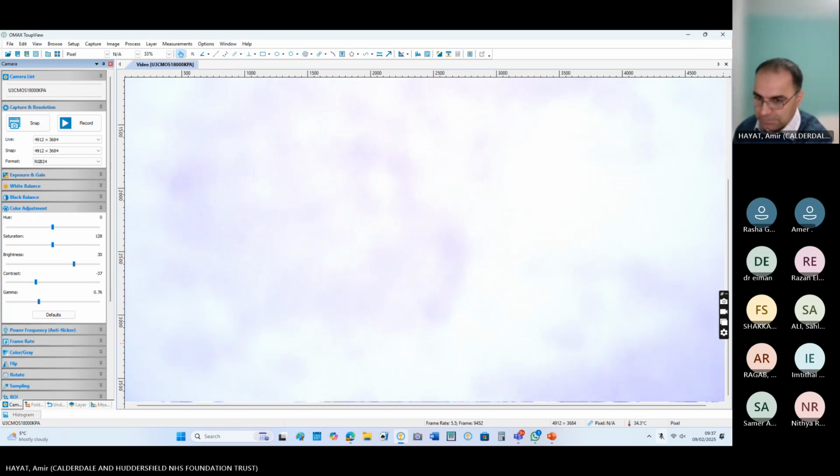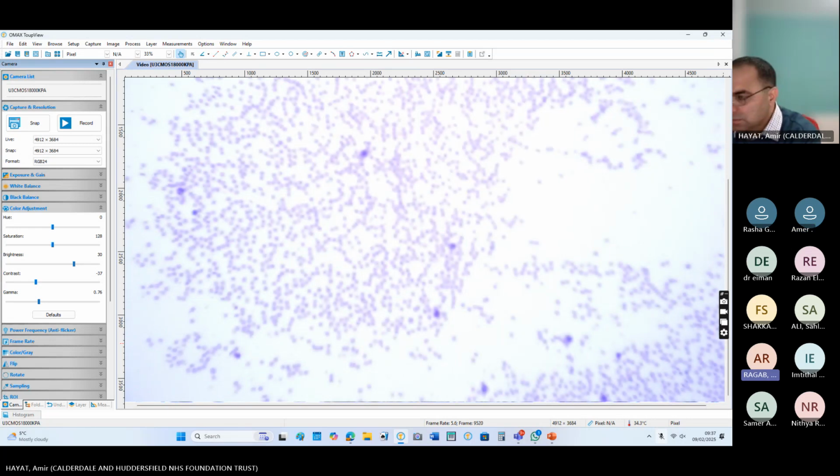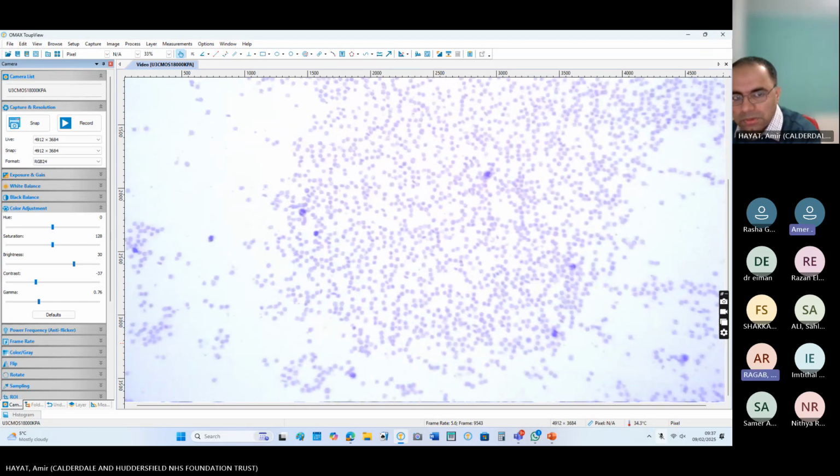So the standard is basically not high risk. The high risk is Philadelphia, BCR-ABL1, and T(1;19), and MLL.